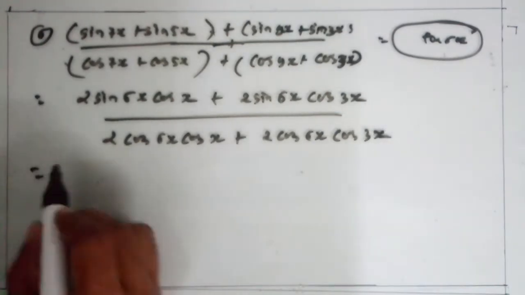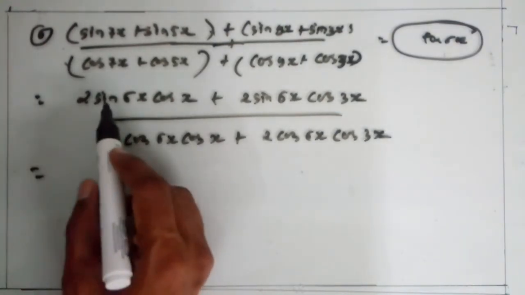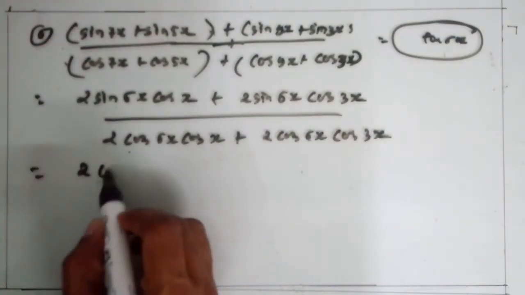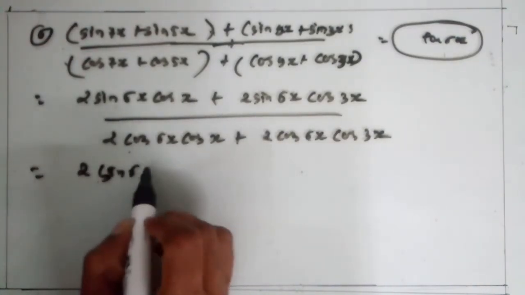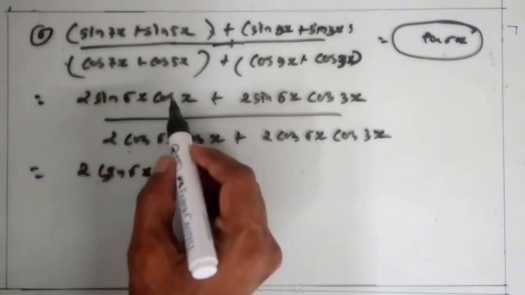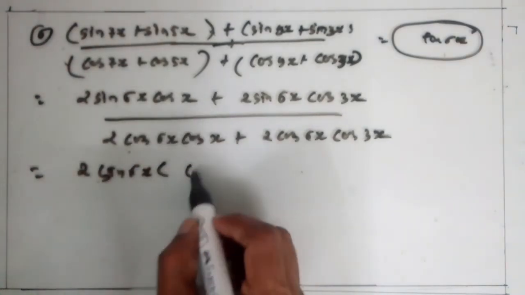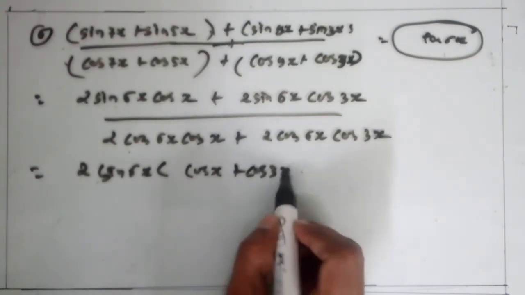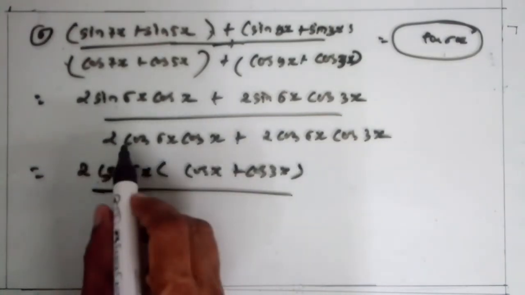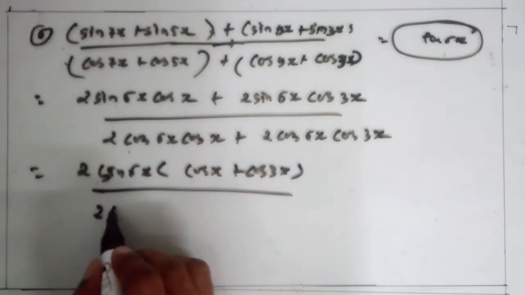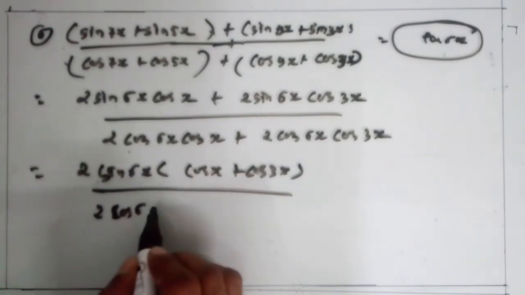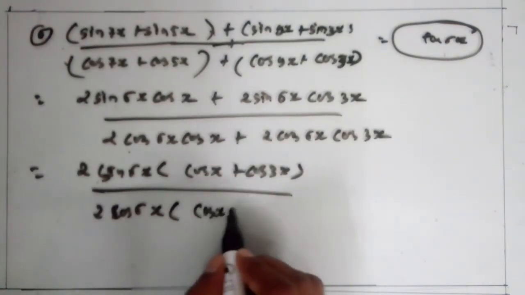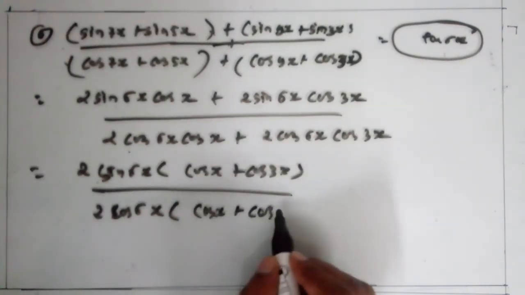Clear? So is equal to, now take common 2 sin 6x from the numerator. So remaining terms in a bracket, cos x plus cos 3x. Clear? Upon here from this take common 2 cos 6x, so cos x plus cos 3x.